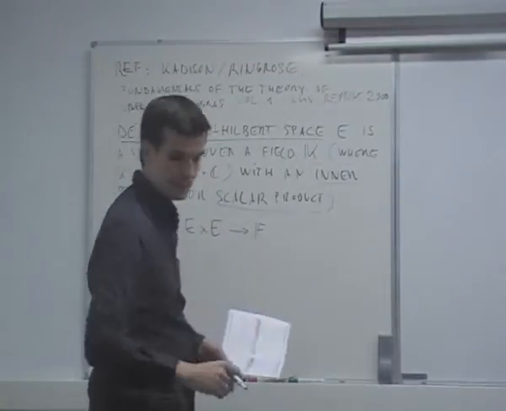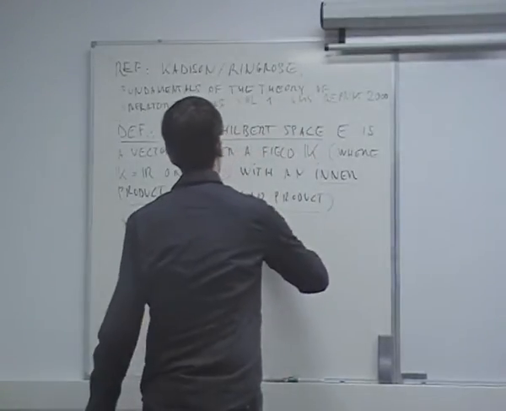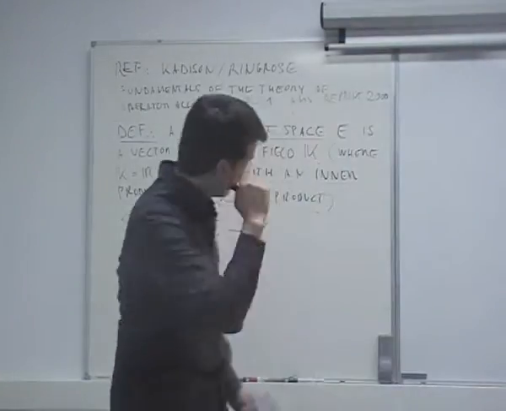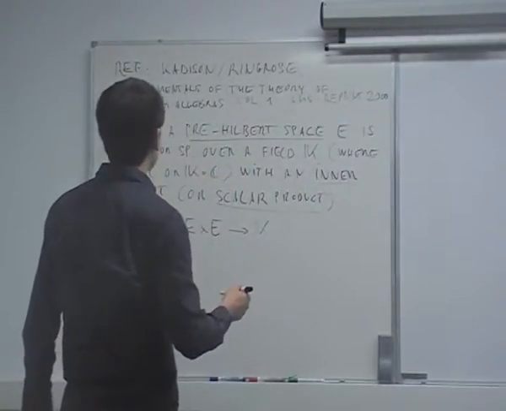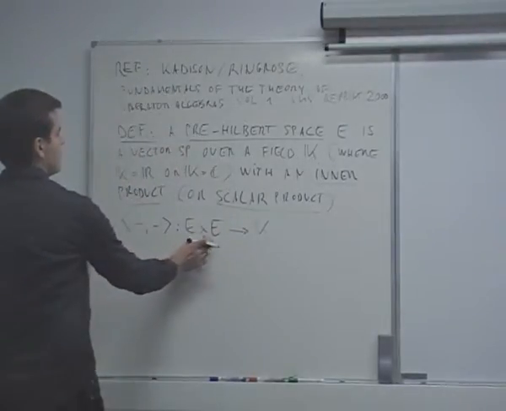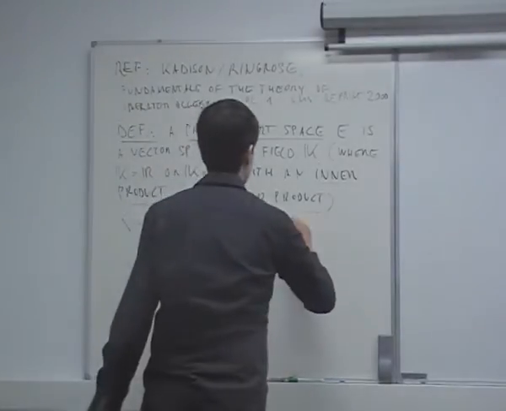I must be careful, sometimes I use F, sometimes K. K comes from the German Körper. Anyway, you find this in some functional analysis books. Okay, it's such a mapping, taking two vectors into a scalar, with the following properties.